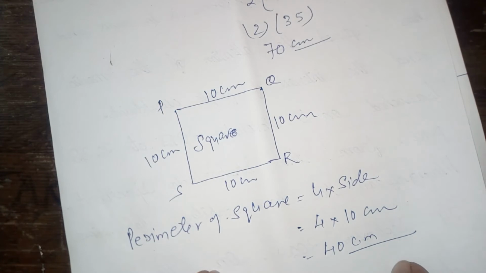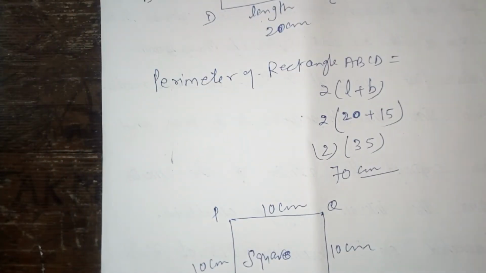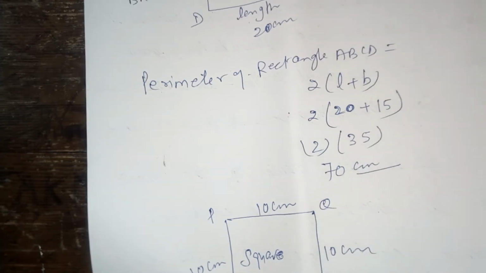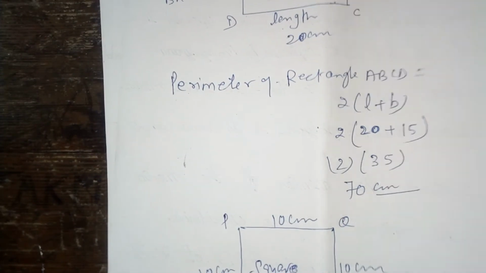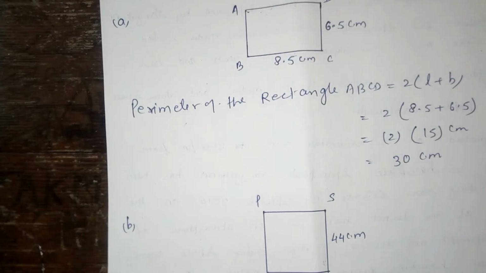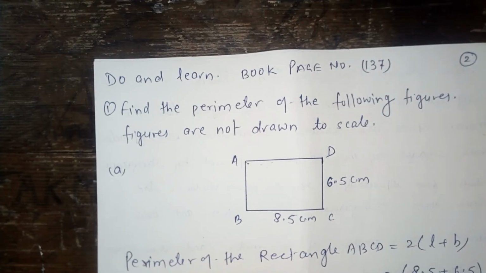Okay. So this is some examples about perimeter of rectangle and square. Again, my dear students, we will discuss some problems from your book, page number 137.